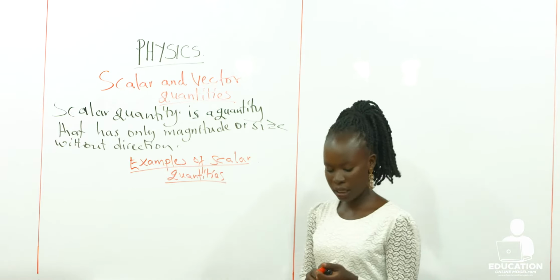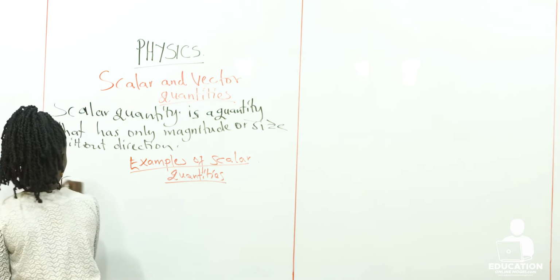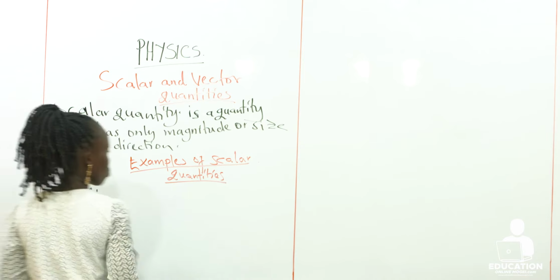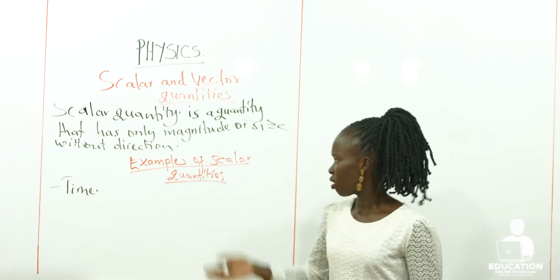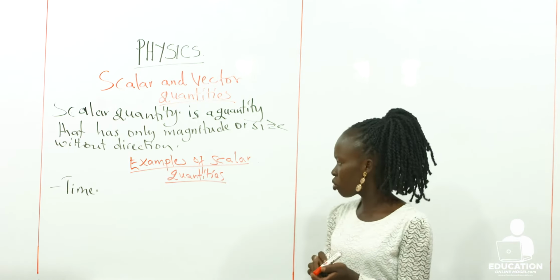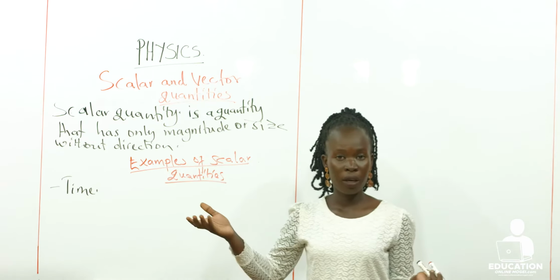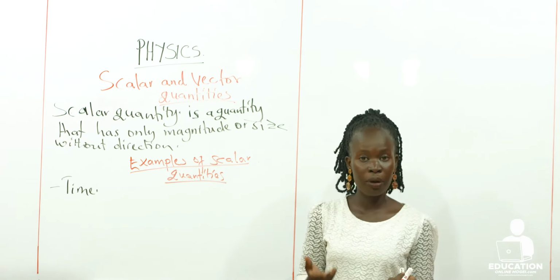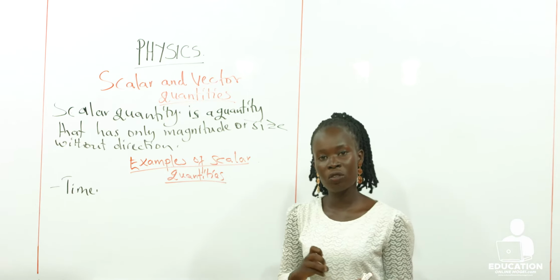Let's take a look at time, as one of the examples of scalar quantities. When you look at time, you'll see that it is a measurement of maybe a week, maybe days, or a year. So it doesn't have a specific direction it's going to take.